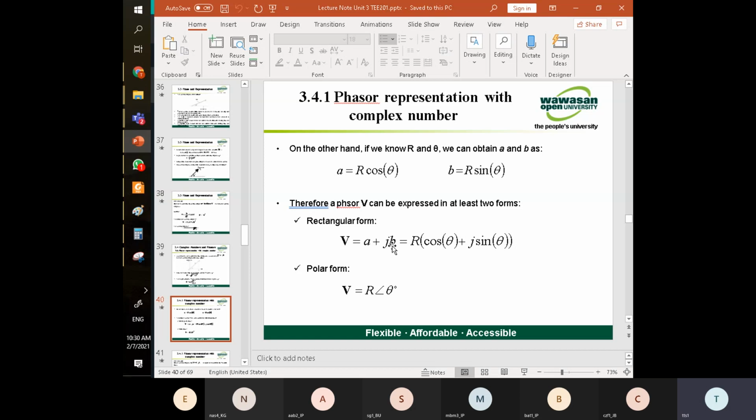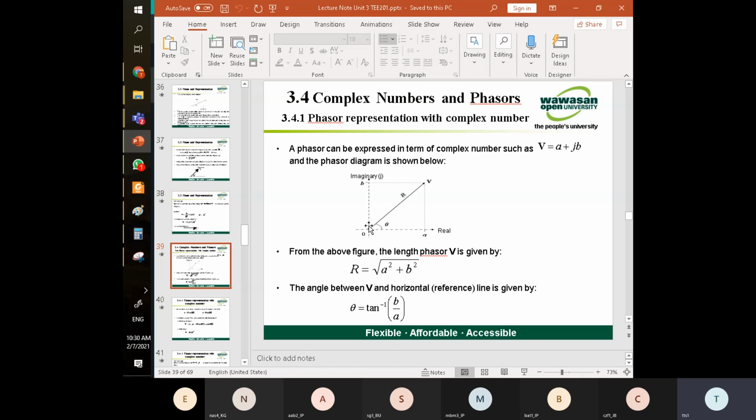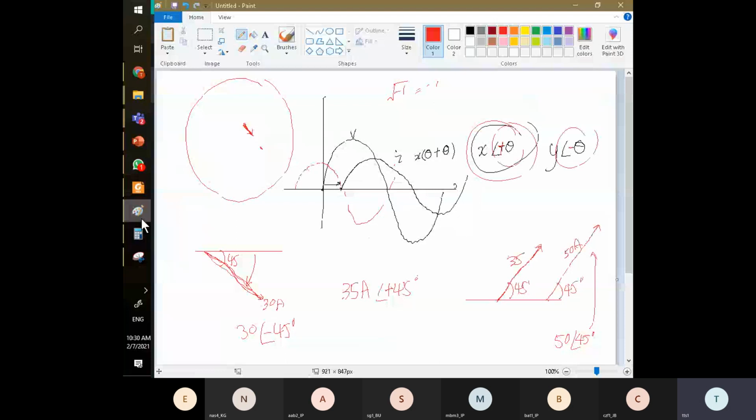To convert here, you need to find the total r, the total length of this r, using the cosine and the sine function. Back to here. Here's the total r, here's the a, here's the b. Look at this here.